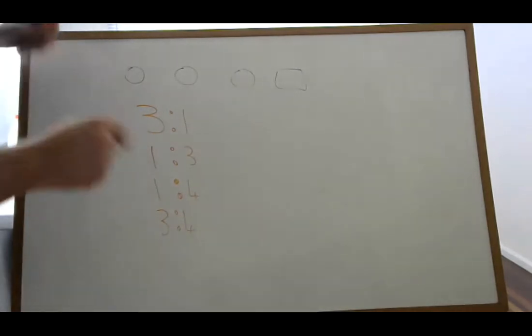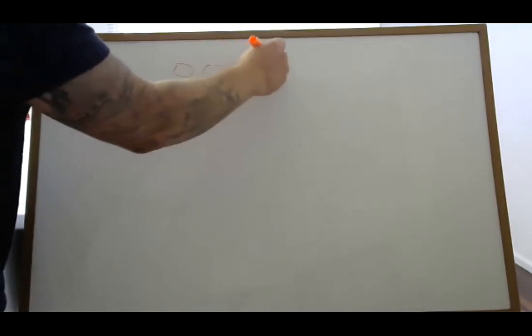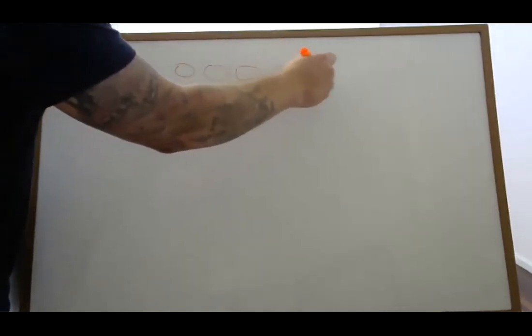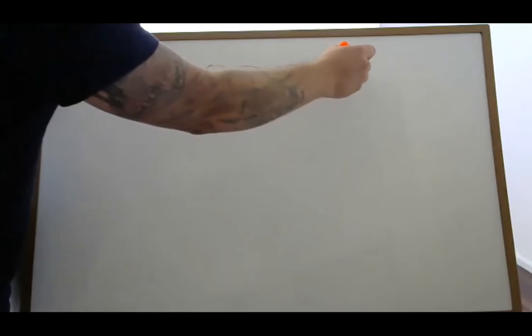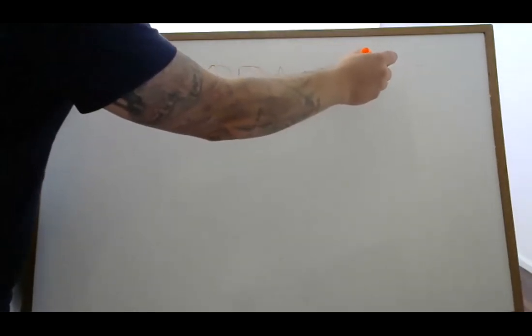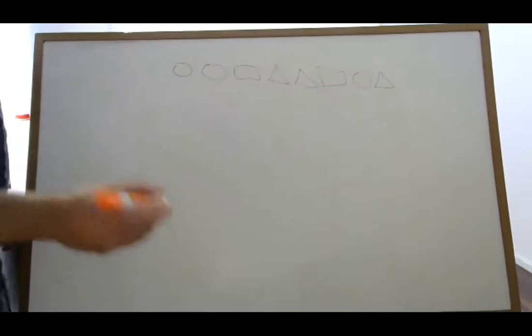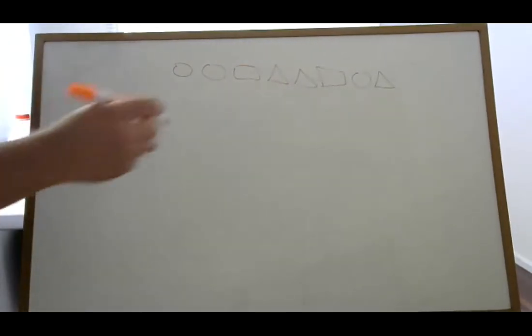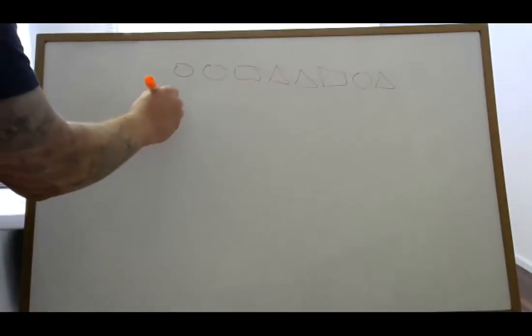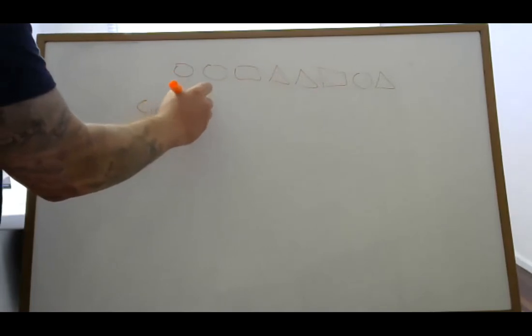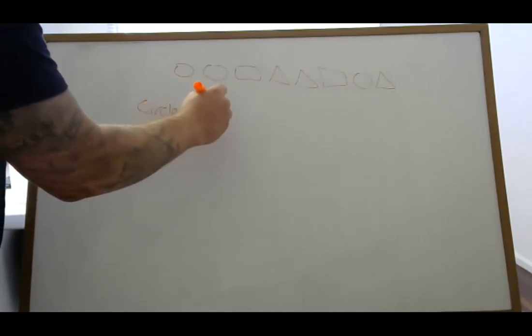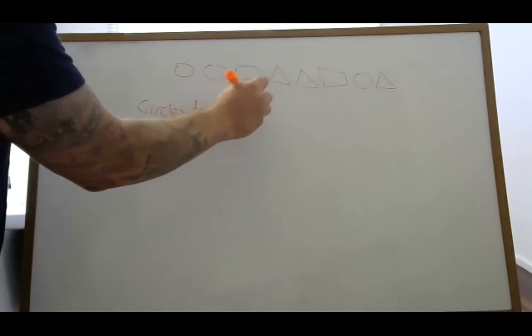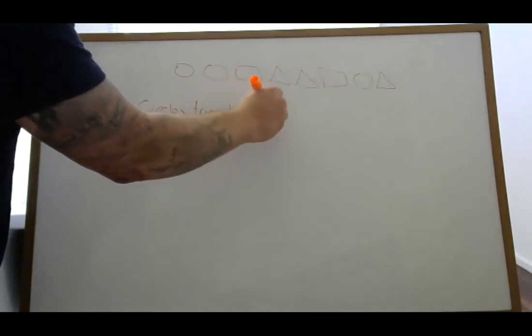Okay, one more question on this and we're going to move forward. What is the ratio of circles to triangles to squares?